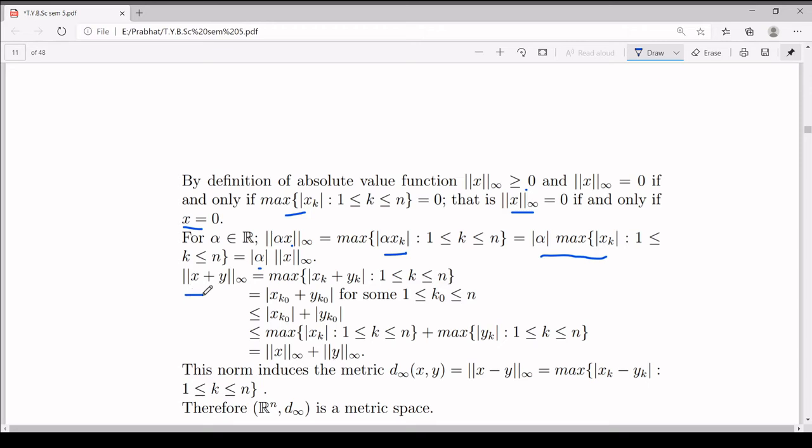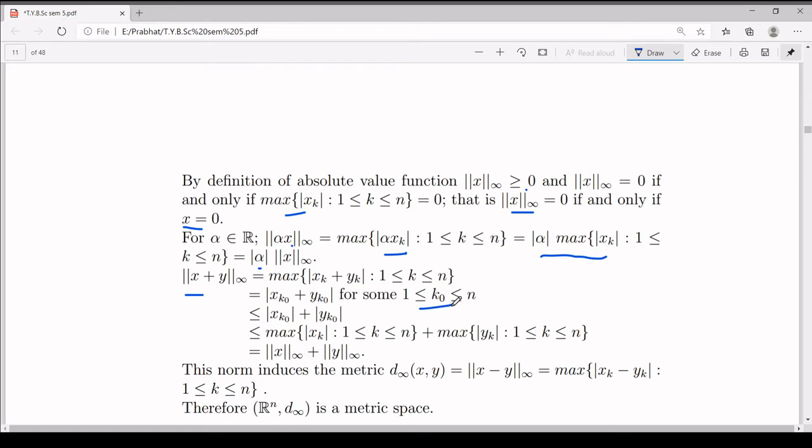But now let's see the triangle inequality. Now norm of x plus y is the maximum of mod (xk plus yk), because what will be the coordinates of x plus y? x1 plus y1, x2 plus y2, x3 plus y3 up to xn plus yn. So the maximum among them, the absolute value of those, that will be our norm of x plus y. So it will be mod of (xk0 plus yk0) for some k0 lying between 1 to n.